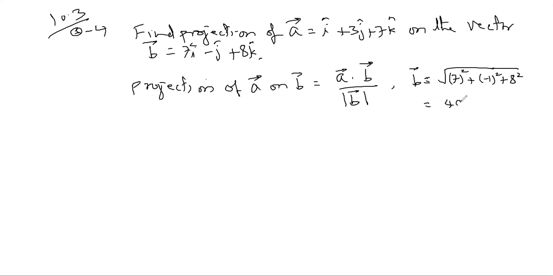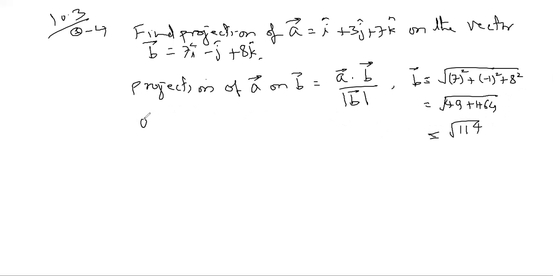So 7 sevens are 49, plus 1, 8 eights are 64. So 9, 10, 14, carry 1, 6, 114. The magnitude of B is root 114.